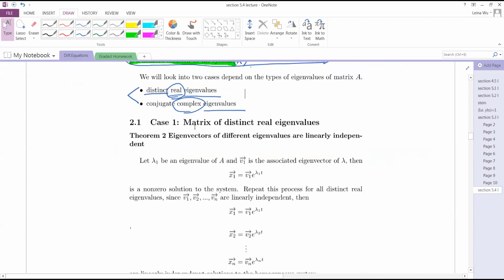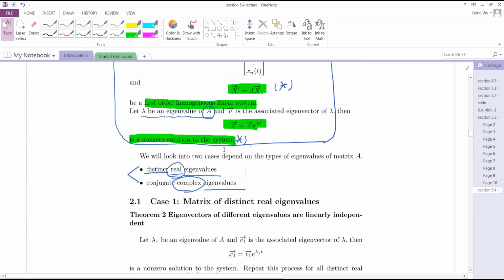First case, we have a matrix with distinct real eigenvalues. We can use the eigenvalue method in this case. There is another theorem, which was actually introduced in linear algebra. If you recall, in linear algebra we did talk about this. Theorem 2 says eigenvectors of different eigenvalues are linearly independent.